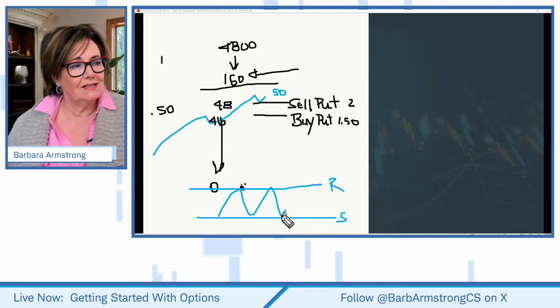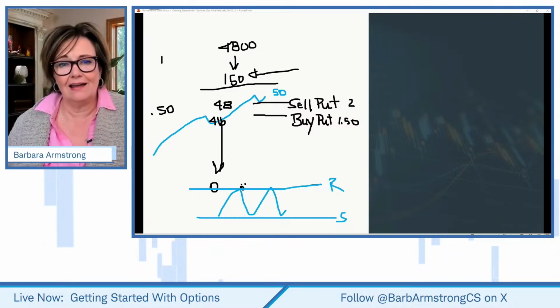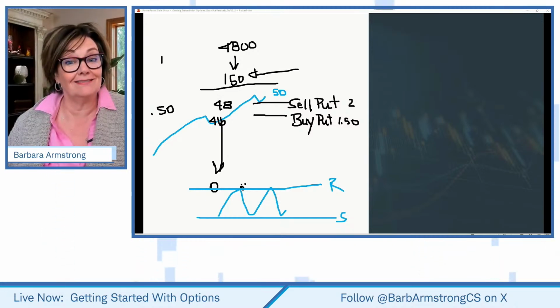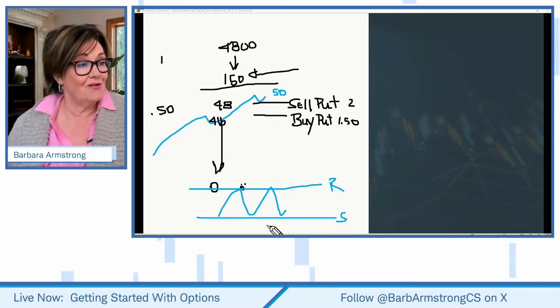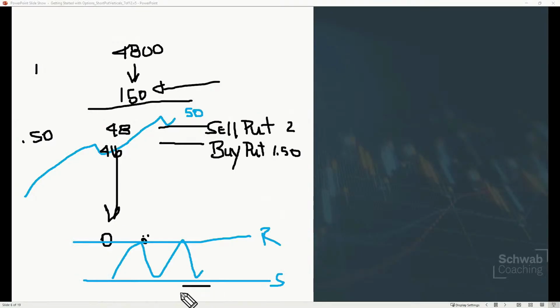And if something is bouncing off a support level, could we come back and say, I think this might be a good opportunity to do that short put vertical, where I sell a put and buy a put. And as long as it stays above my short strike, I'm good to go. Depending on where you put your strikes, this is considered a higher probability trade, lower return, but higher probability.